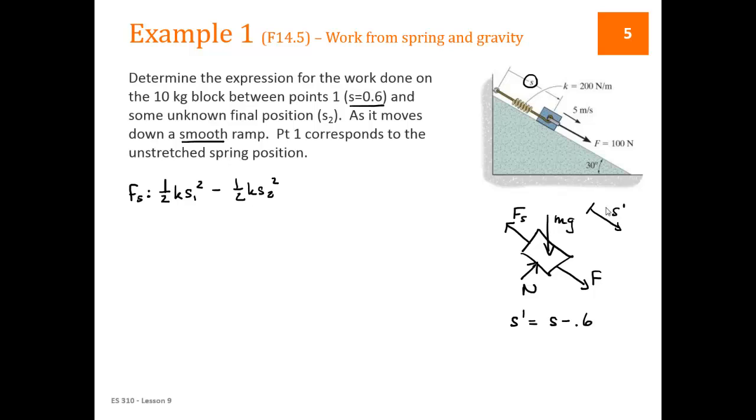Well, in our case, s1 is going to be s prime equal to 0, because it starts unstretched. So that's 0. And s2 is going to be just s prime. So 1/2 k s prime squared is the work from 1 to 2 due to the spring.